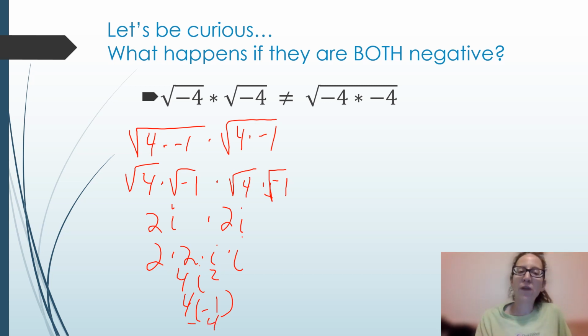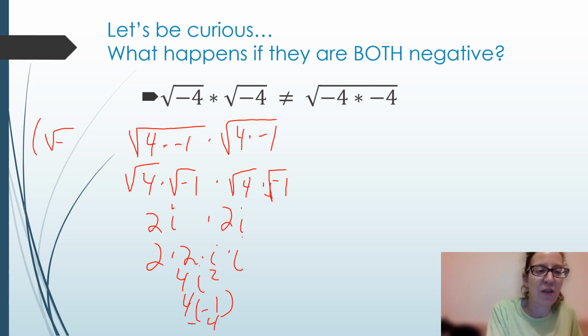So the square root of -4 times the square root of -4 is -4, which is fine, okay? In fact, you can get there if you do this idea of the square root of -4 times itself is squaring it, and then the squaring undoes the square rooting, giving you the -4, okay?